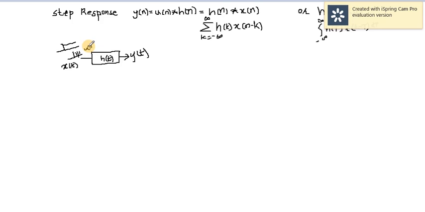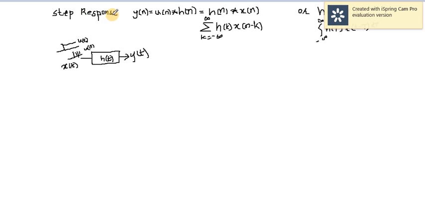If the unit step signal is applied, then whatever is the response of the system, that is y of t, it is the convolution of the input and the impulse response h of t of the system, and that is nothing but the step response of the system.